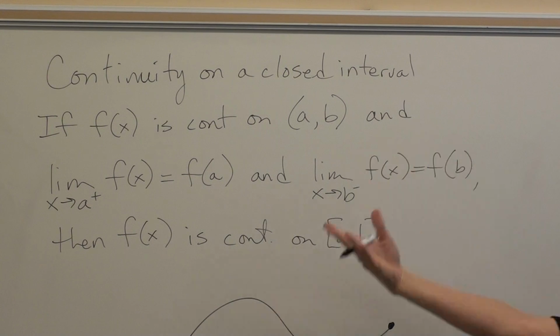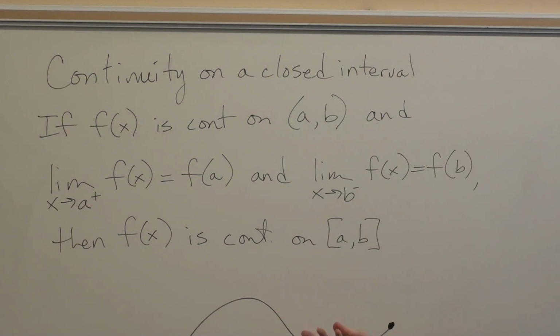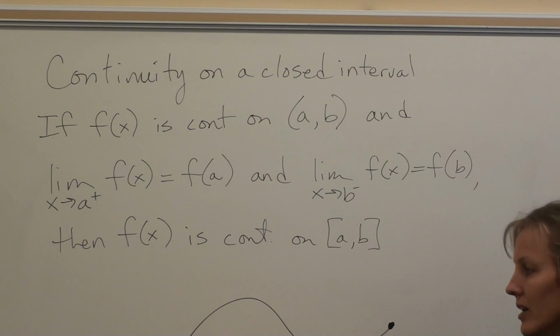Well, they came up with this definition for continuity on a closed interval. What it says is, if it's continuous on the open interval from A to B, and at this end, the right-handed limit equals the endpoint, and at this end, the left-handed limit equals the endpoint, then we're good.